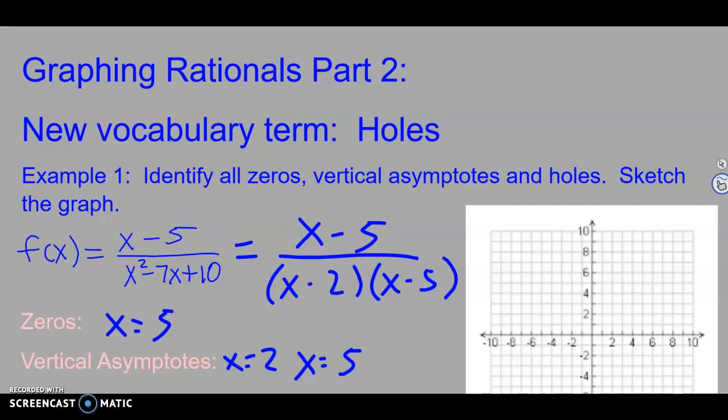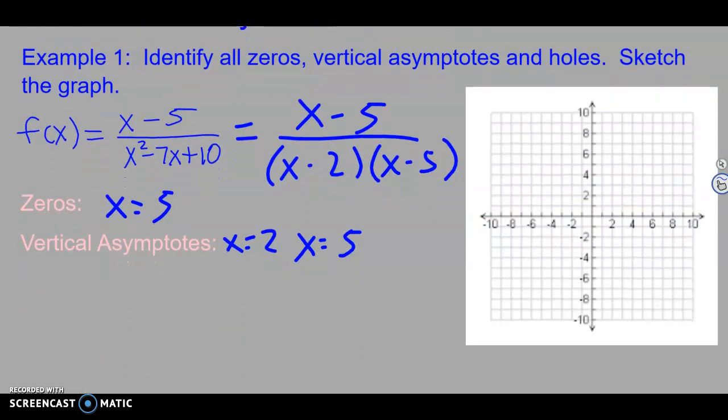And this came up in your homework the other day, and I hope a couple of you recognized it, that we're doing something confusing here. And that's because I said 5 is a 0. So that means the point 5 comma 0 should be on your graph. But I also said 5 is a vertical asymptote. And a vertical asymptote represents an undefined value on our graph.